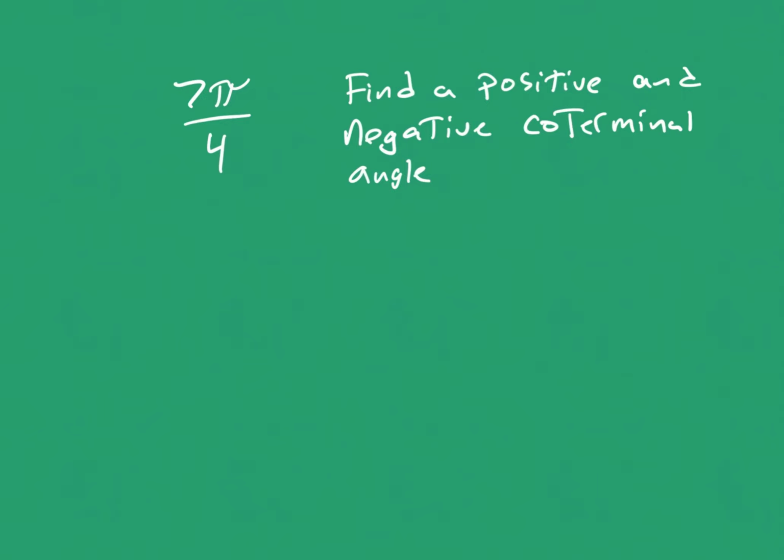And to find positive and negative coterminal angles, you added 360 and you subtracted 360, and if it wasn't either way, you did it again. Well, when we're talking about radians, we certainly could change this to degrees and then subtract 360, figure out what that is, and then convert it back to radians because I want the answers in radians. And then subtract 360 and then convert that. You could certainly do that. That's one way to do it. If you want to do it that way, 100% understand. There's nothing wrong with that. You get the same answer.